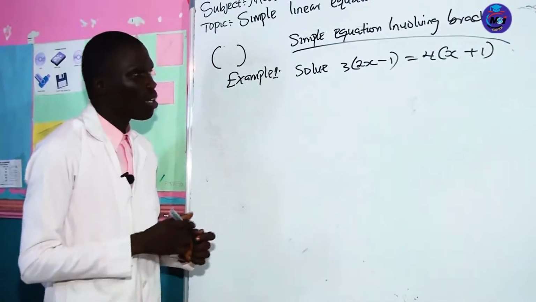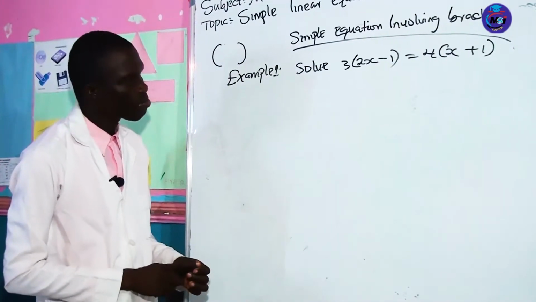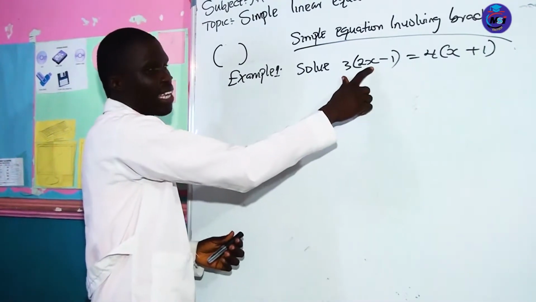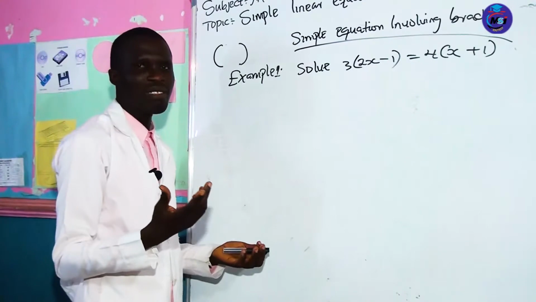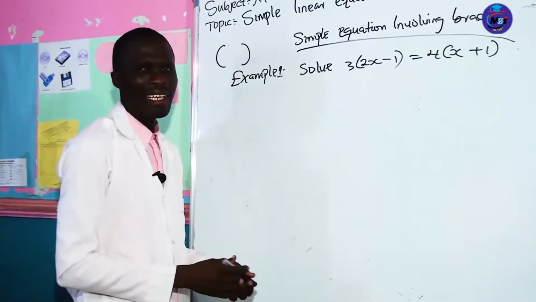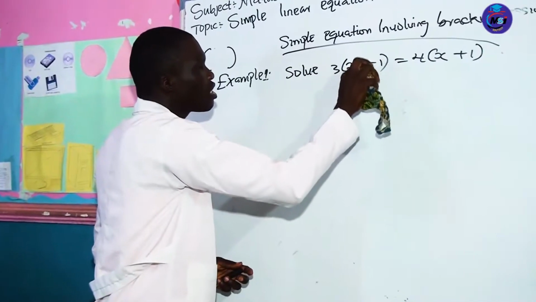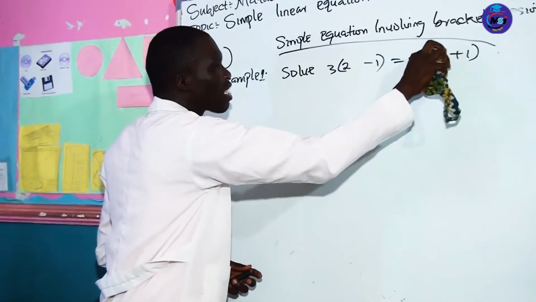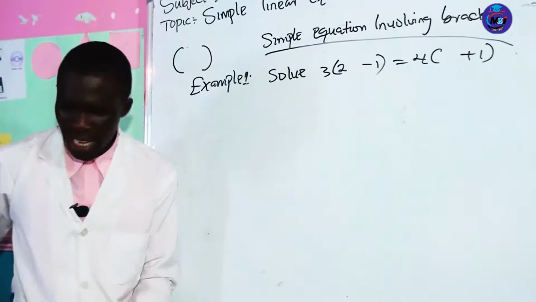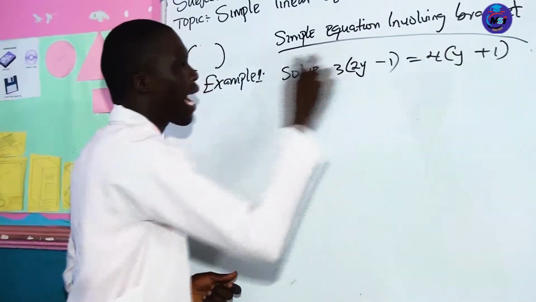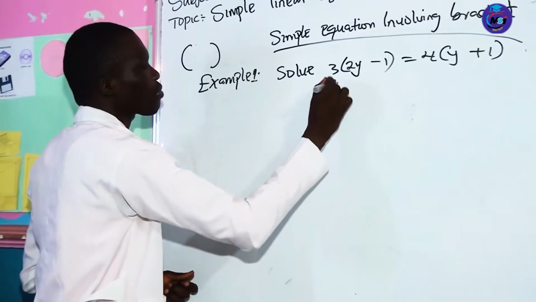But let me remind you, it's not compulsory that you have x here. Sometimes I decide to change it to y. Why can't we use another letter so that you do not think that all questions must be x? Let's use y. Okay, solution.